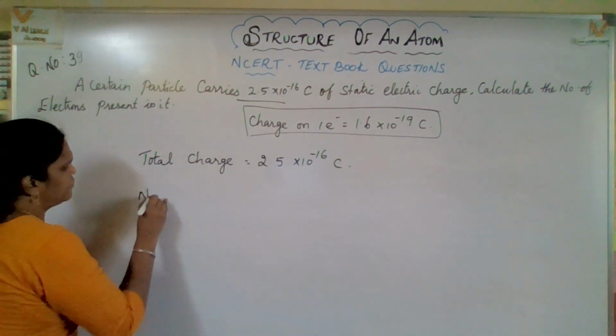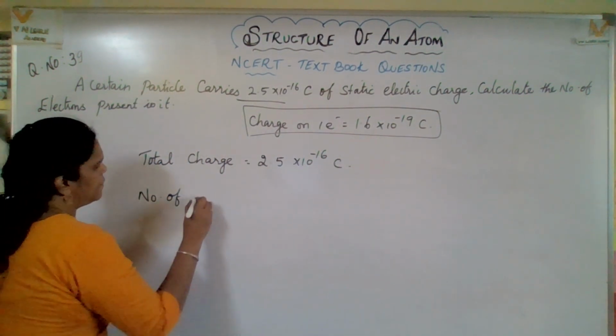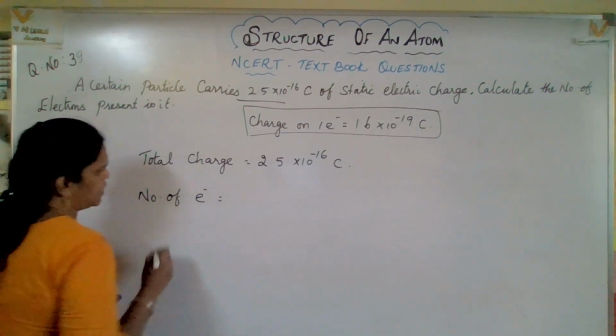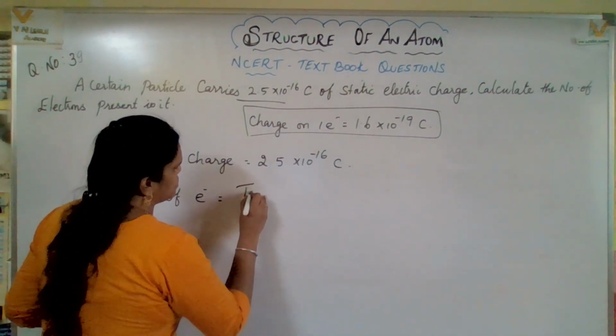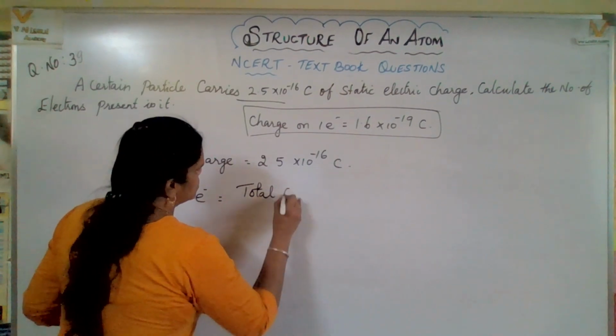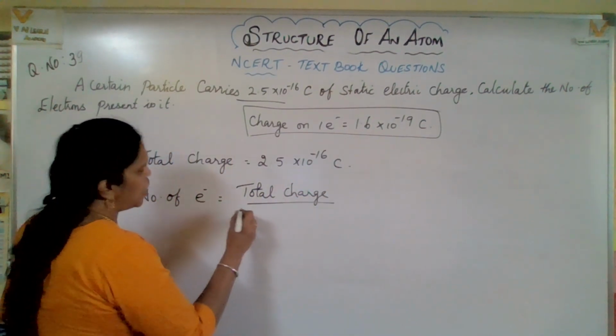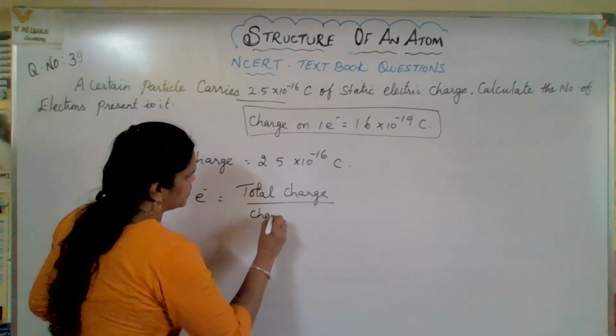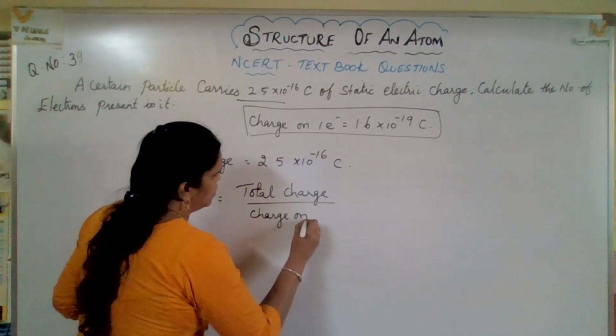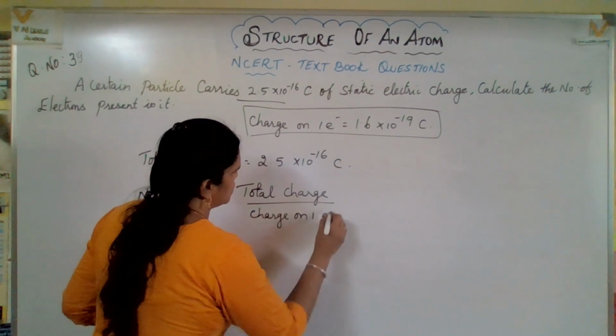So number of electrons equals total charge divided by charge on one electron, right?